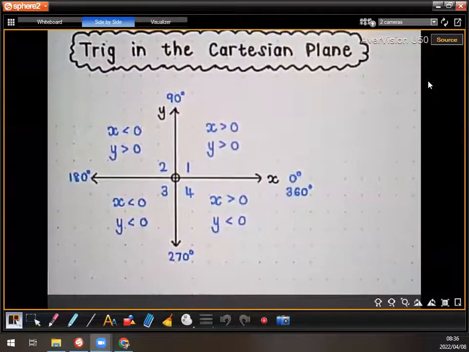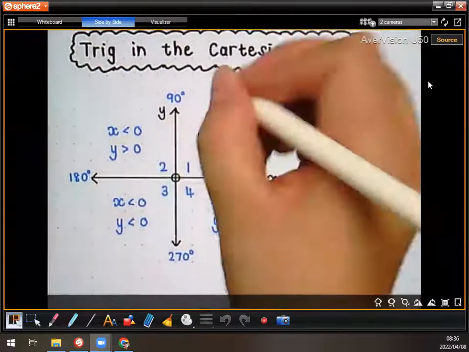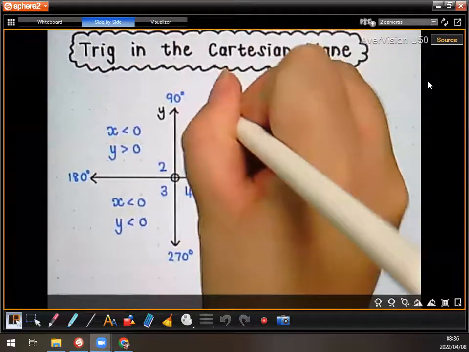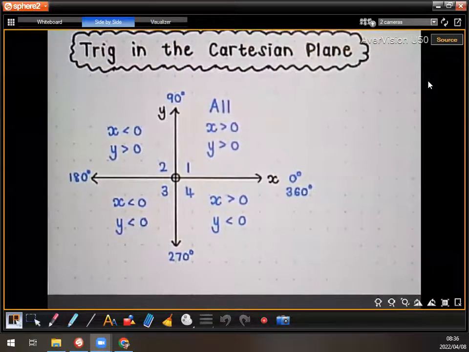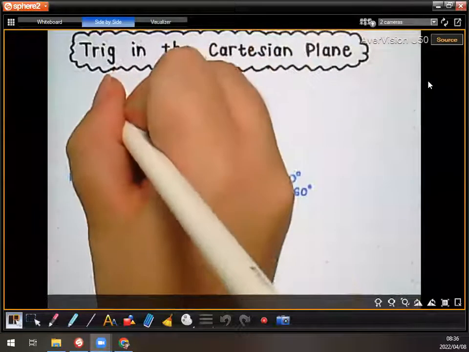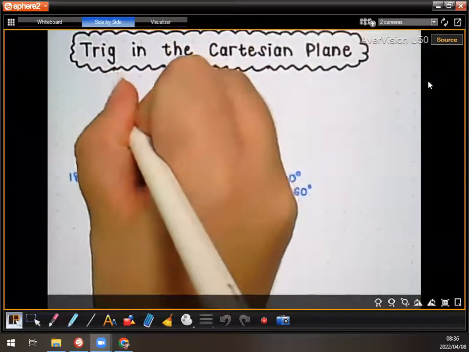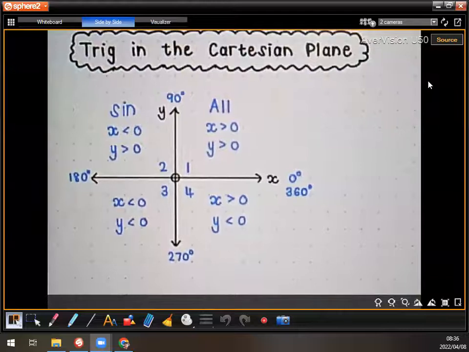Now, guys, we are going to talk about the actual trig ratios in these different quadrants, but I want us just to add it to this Cartesian plane. All of the trig ratios will be positive in the first quadrant. I'll show you now why that is. In the second quadrant, only sine is positive.